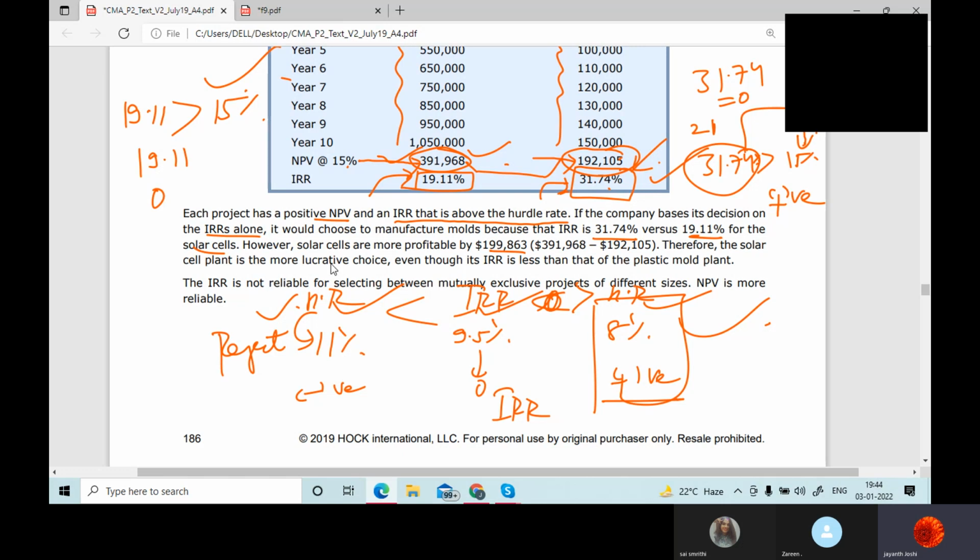Therefore, the solar cell plant is the more lucrative choice, even though its IRR is less than that of the plastic mold plant. The NPV rule says you're getting a much higher NPV here, a very big difference. So IRR is not reliable in decision making for mutually exclusive projects. Which one is more reliable?